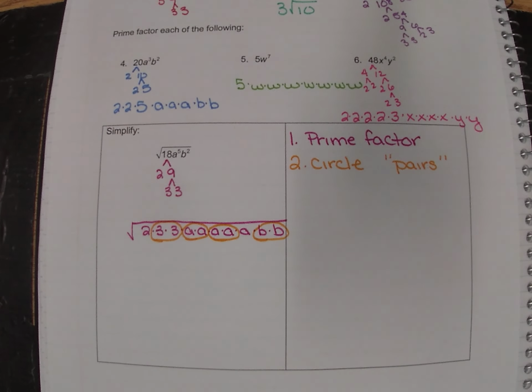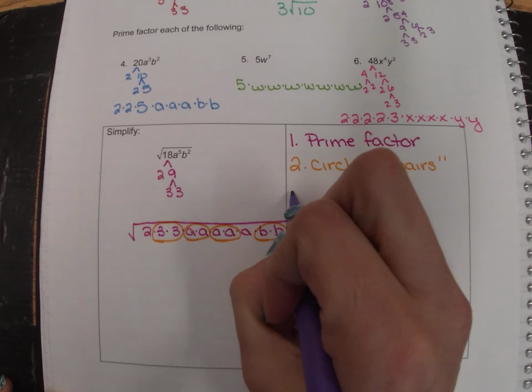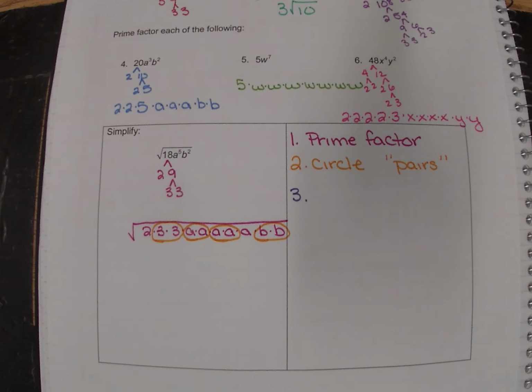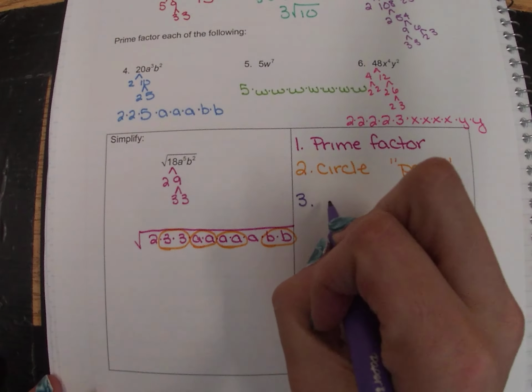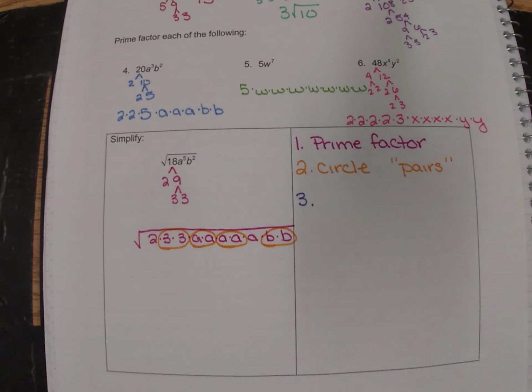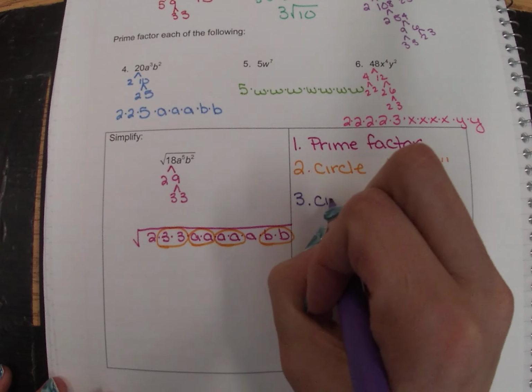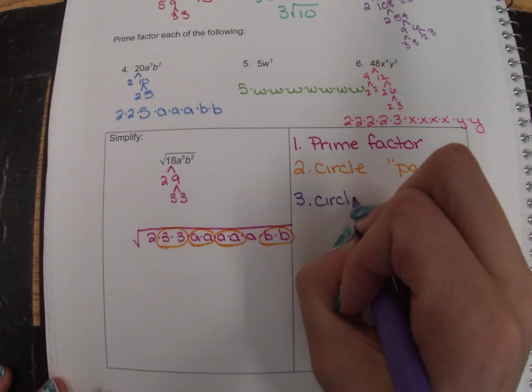Right, and those are all the pairs that I'm finding. Okay, we then know that we want to take all of our stuff that we're circling and pull that out in front. There are fancy words like radicand and all that stuff.